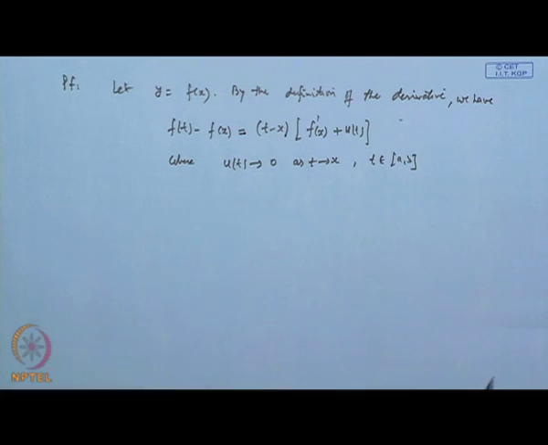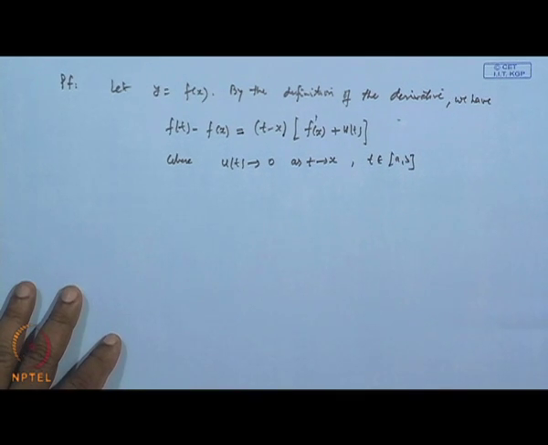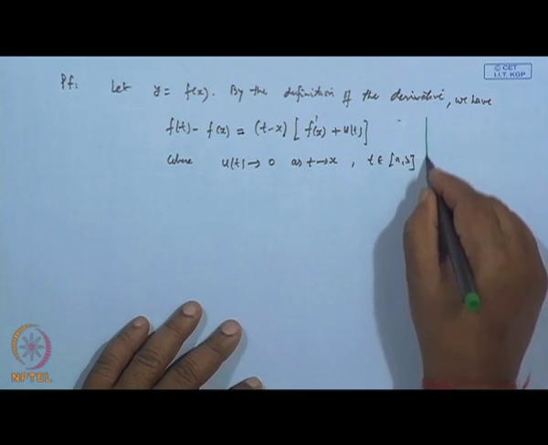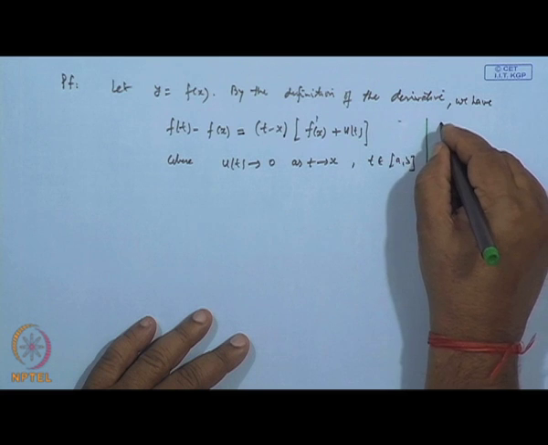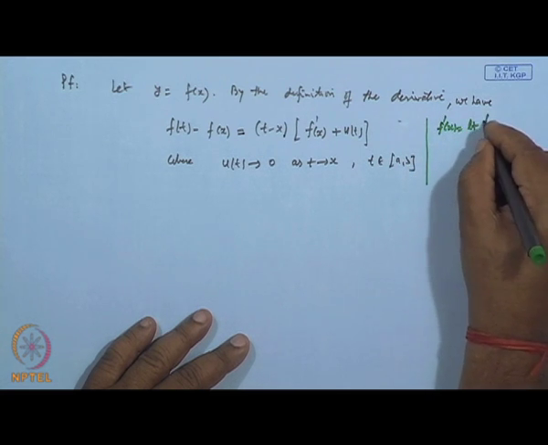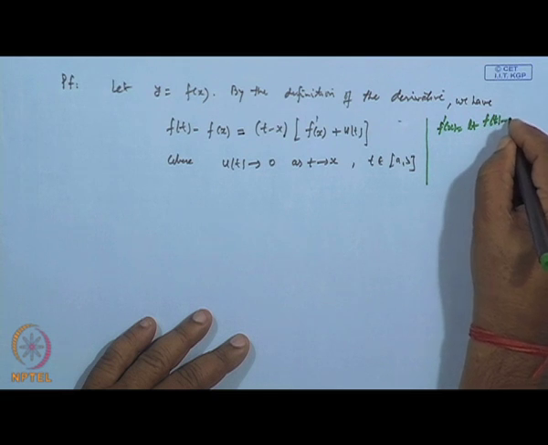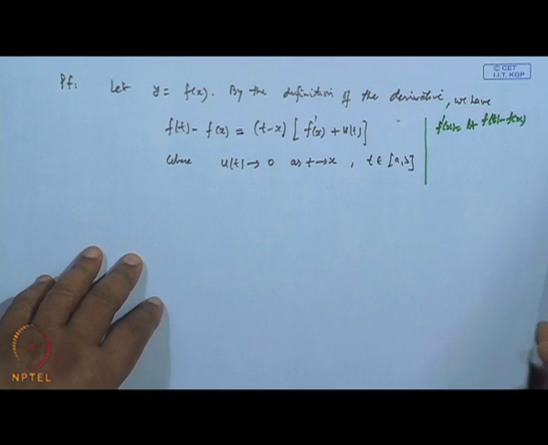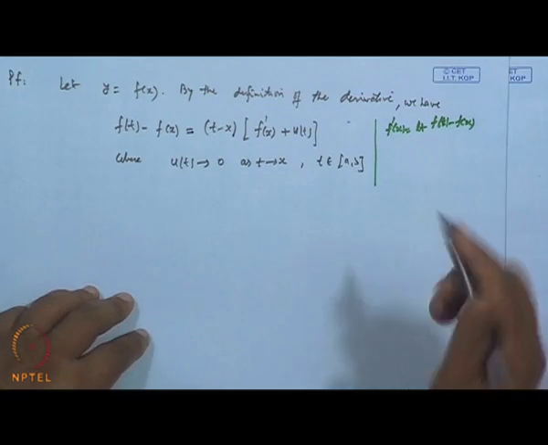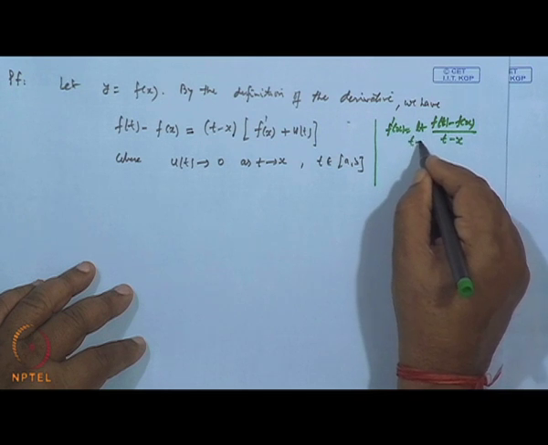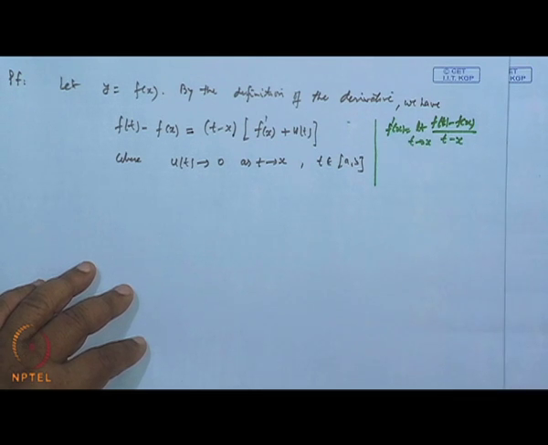Let us see what is the meaning of this. When we say the function is differentiable, the meaning is that f prime of x exists. It means it is the limit of f of t minus f of x divided by t minus x when t tends to x, is it not?